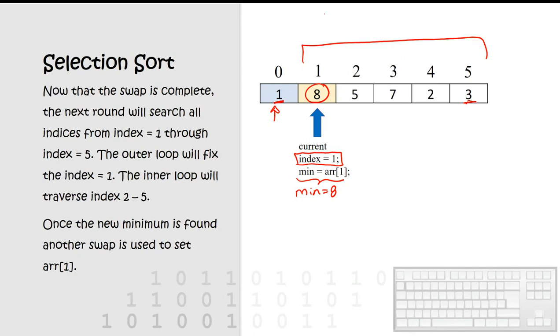But as we traverse the array, we will find new minimums to put in its place. Our outer loop is counting the index that we're currently trying to sort. Our inner loop is traversing the array in each iteration.